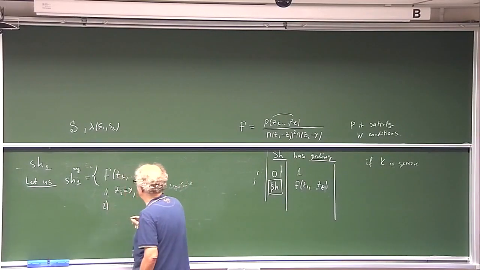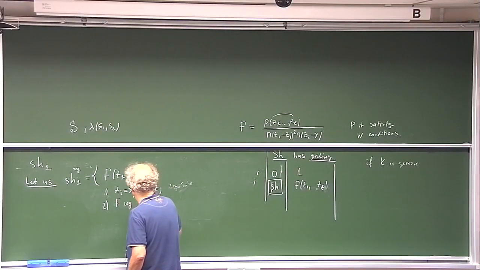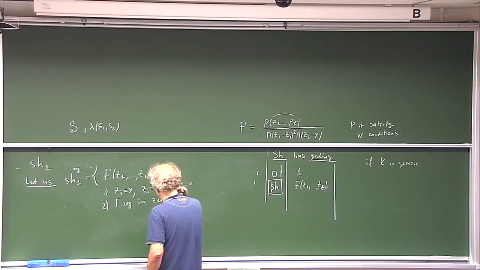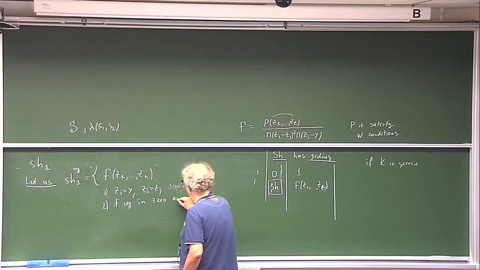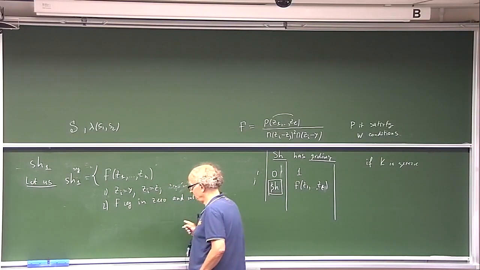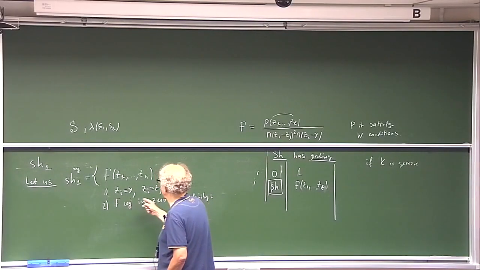better to say it the following way. f regular in 0 and infinity. By this way, my definition of regularity is always the same.